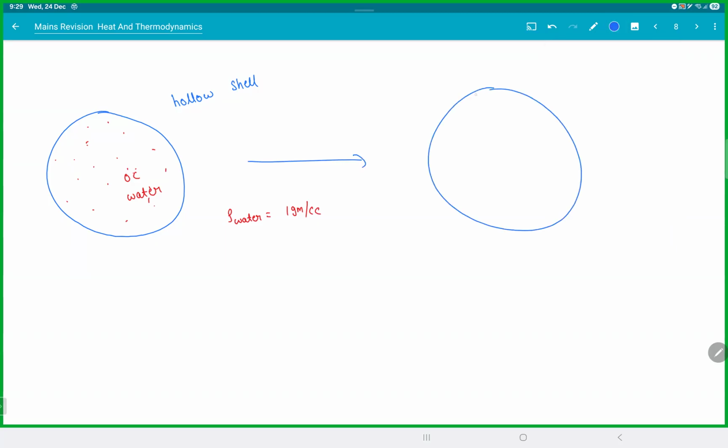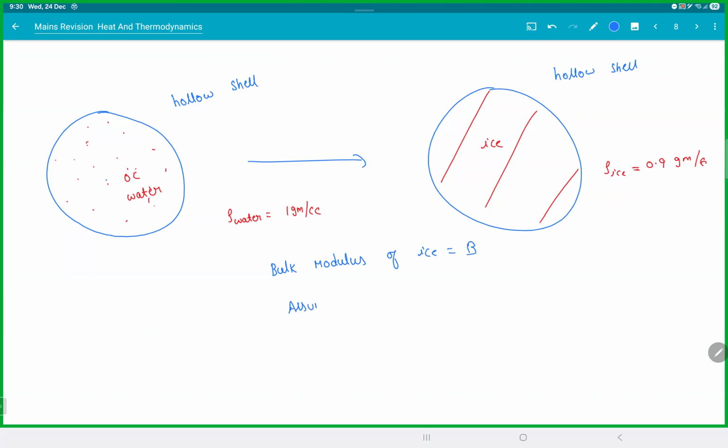Then the shell and everything suddenly froze to ice, and the density of ice is 0.9 gram per cc. Assume the shell is rigid and doesn't expand. The bulk modulus of the ice is B. Find the pressure on the shell.